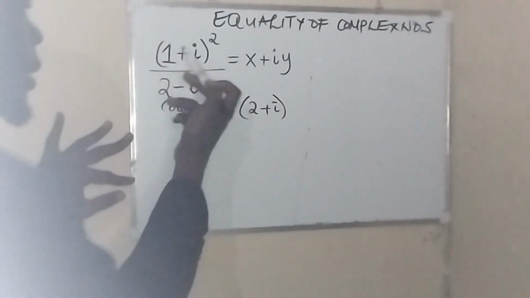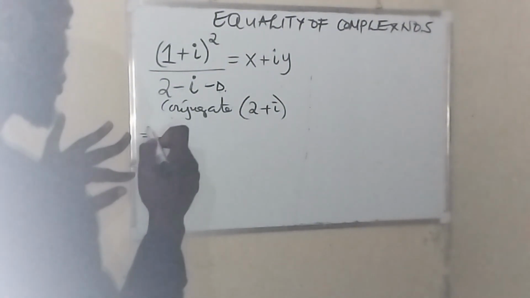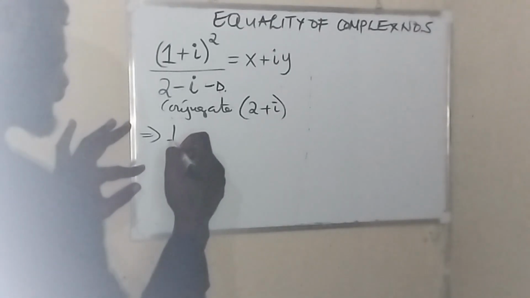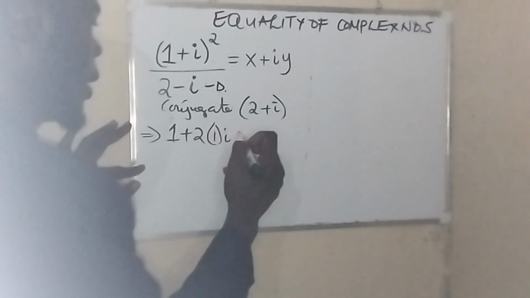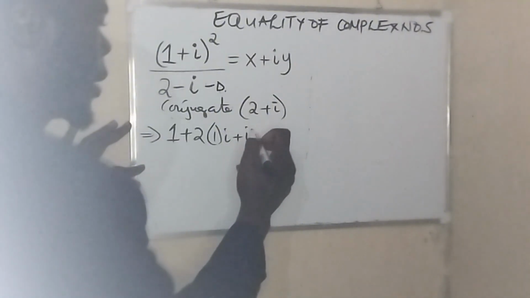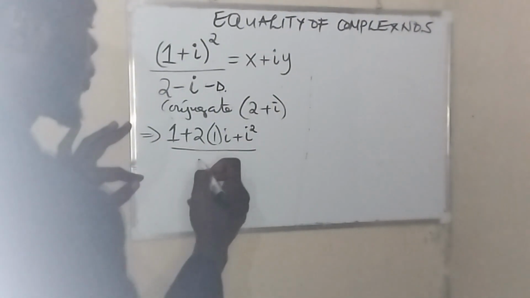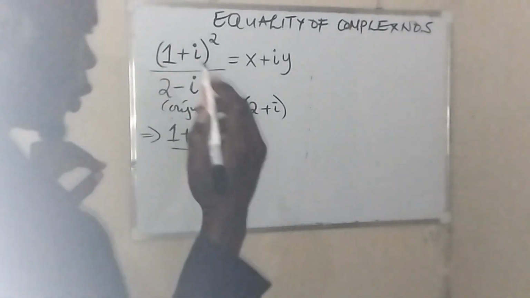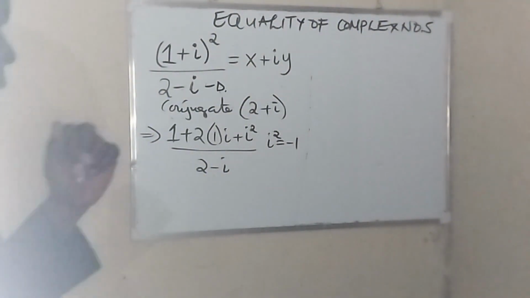If you expand the numerator, (1 + i)² will give you 1 + 2 times 1 times i, then plus i², over 2 − i. And we know that i² is the same as negative 1.